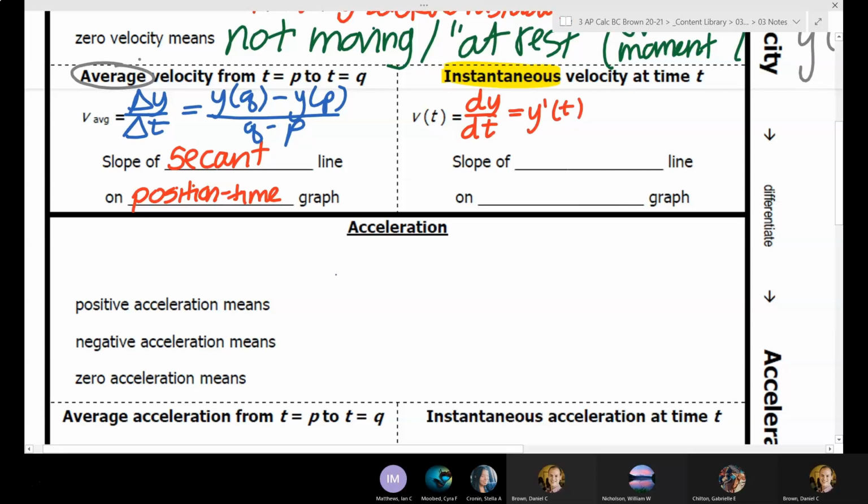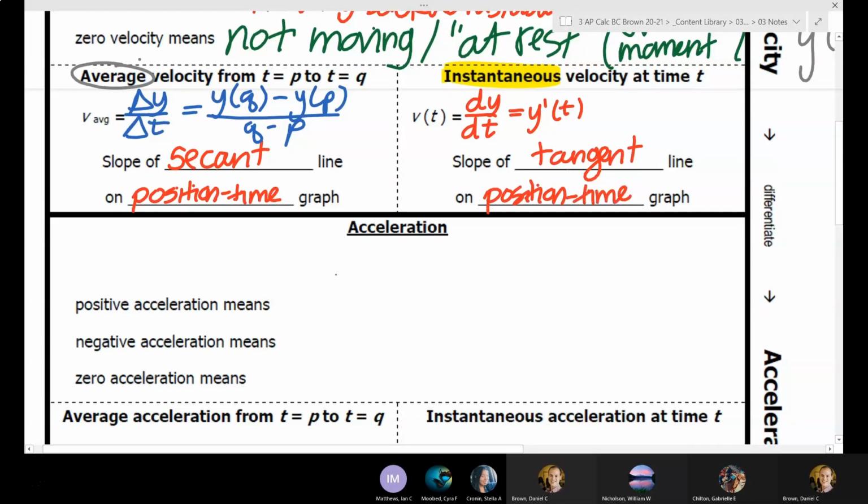It is literally the derivative at the point. So instead of talking about the change between two points, it is the derivative at a single point. It is associated not with a secant, but with a tangent line, still on that position time graph.